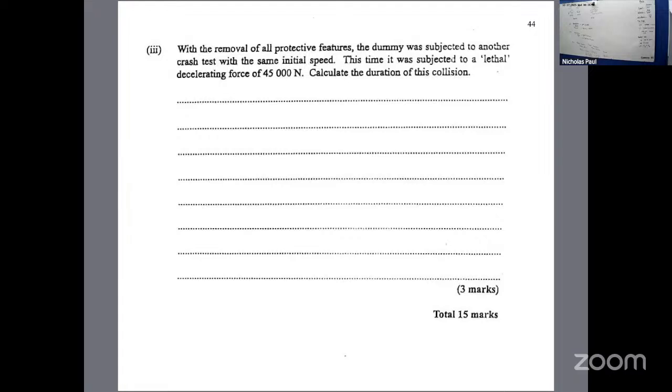This time it was subjected to a lethal decelerating force of 4,500. Calculate the duration. So look at what they give us. They gave us the force, they said same initial speed, and they want us to find time. So we can go in reverse and work it out now.